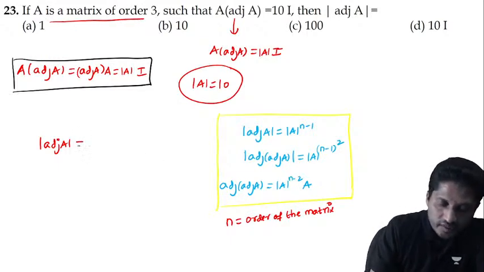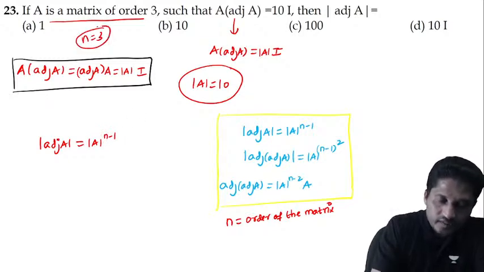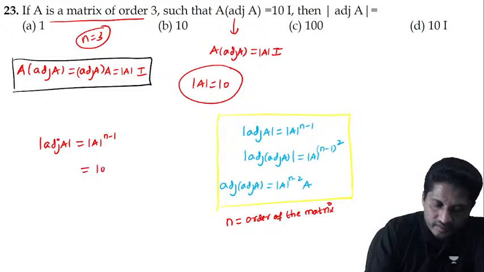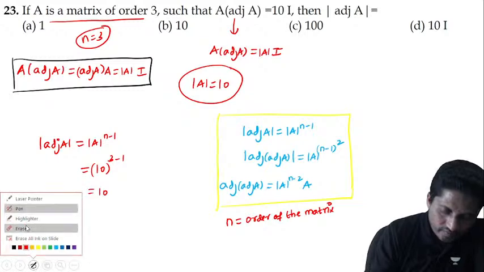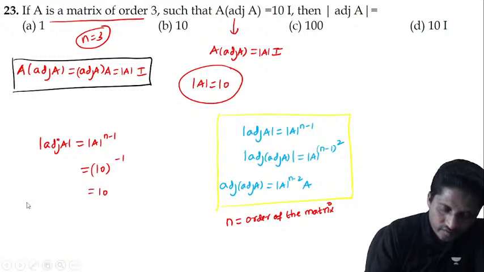So determinant of adjoint A is determinant A power n minus 1, where n should be equal to 3. Now determinant A is 10, so 10 to the power of 3 minus 1, which is 10 square, which is equal to 100.